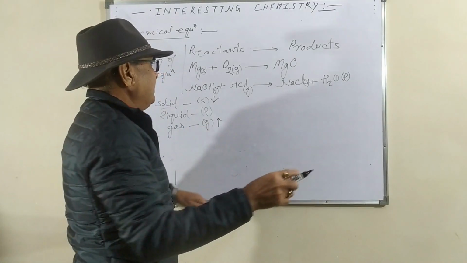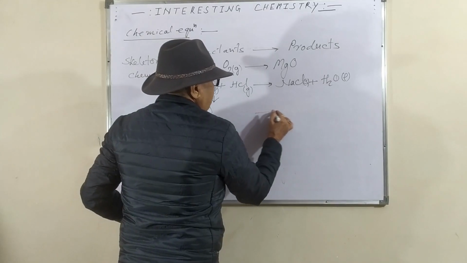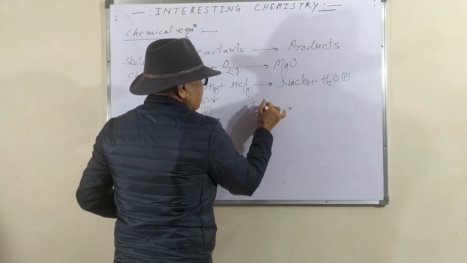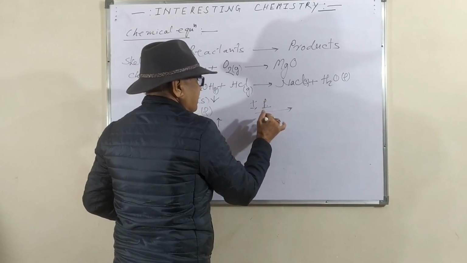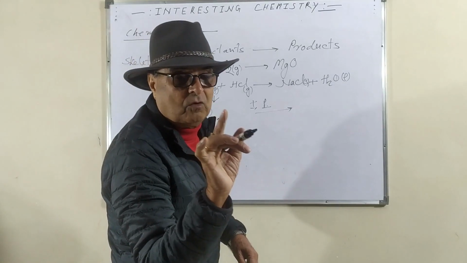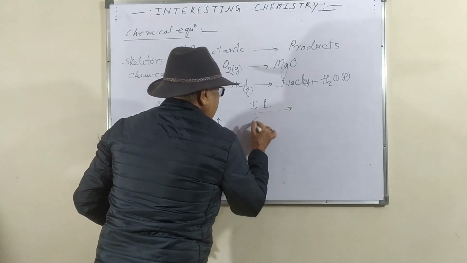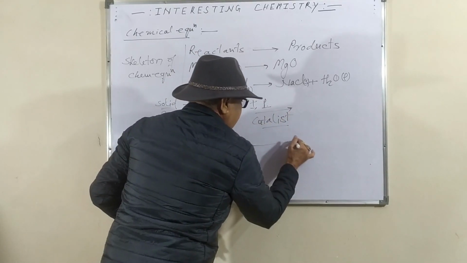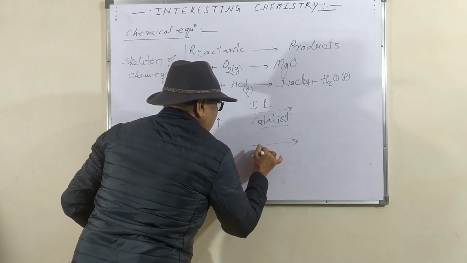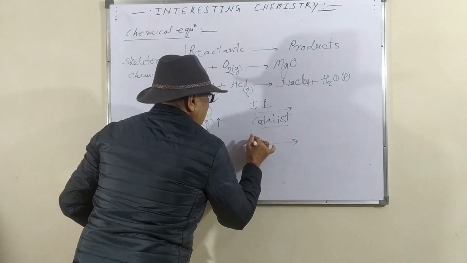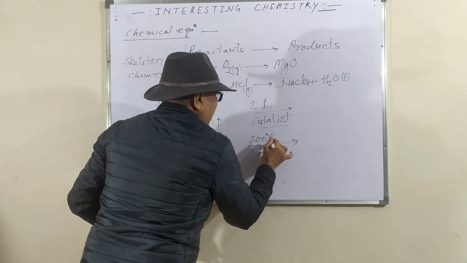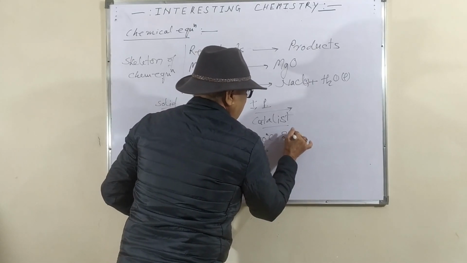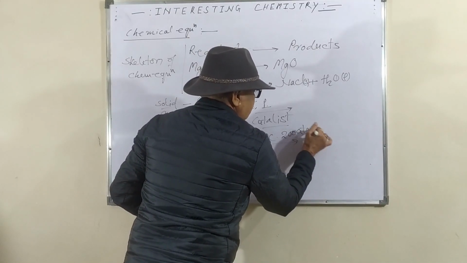And again, I am telling you, on the arrow we can write the temperature, pressure, and also one thing more, the catalyst. Suppose here it is Fe, and here 200 degrees centigrade, and 200 atmospheric pressure.